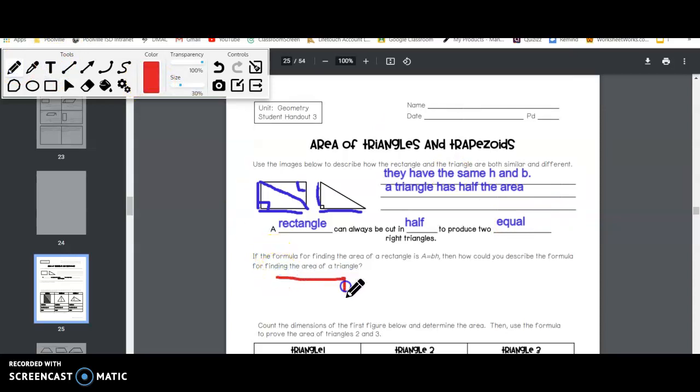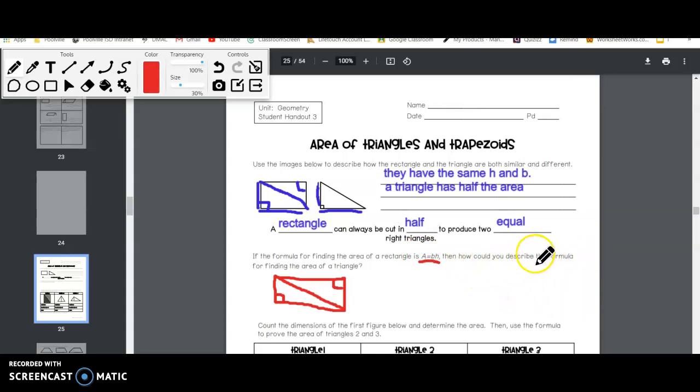If I had a rectangle and I cut it in half long ways, I get two equal right triangles.